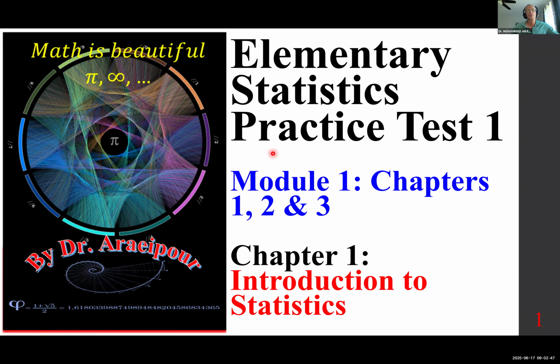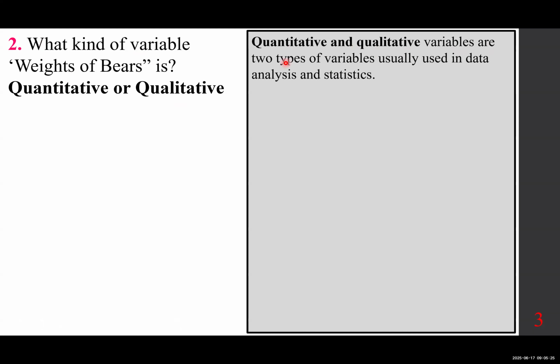Now let's go to some definitions, everybody. What kind of variable is weights of bears, quantitative or qualitative? So let's discuss the issue. Quantitative and qualitative variables are two types of variables usually used in data analysis and statistics.